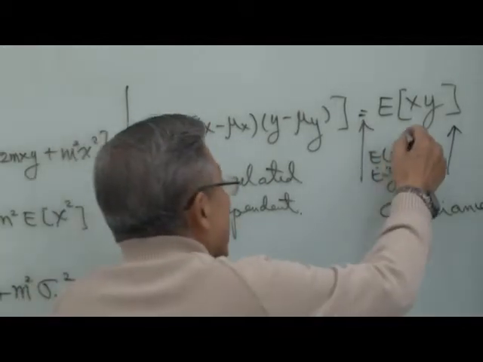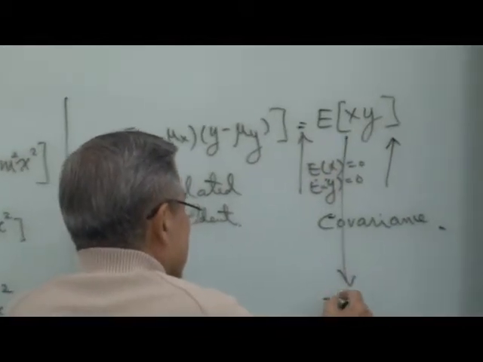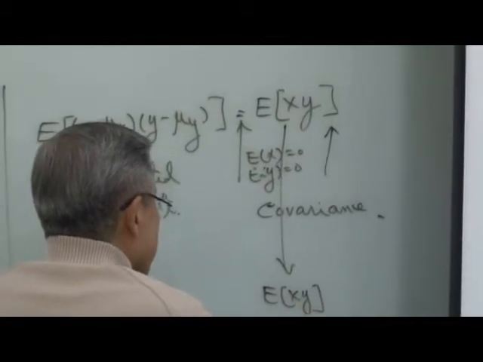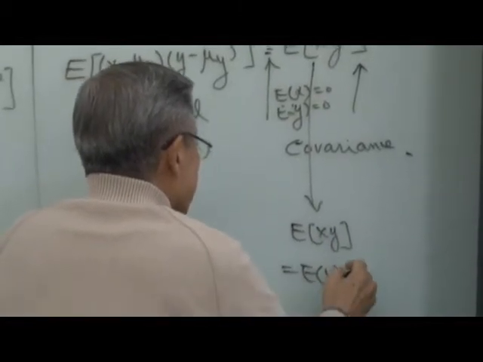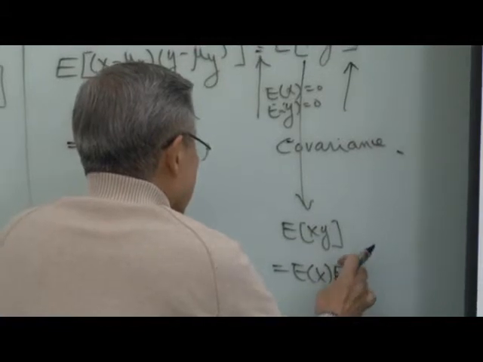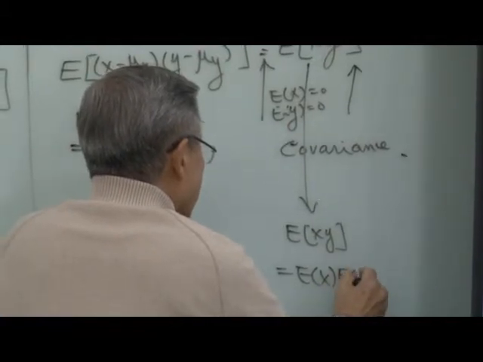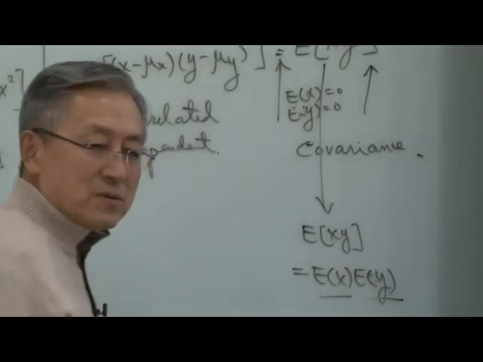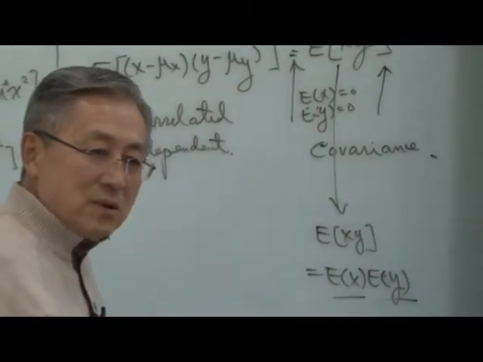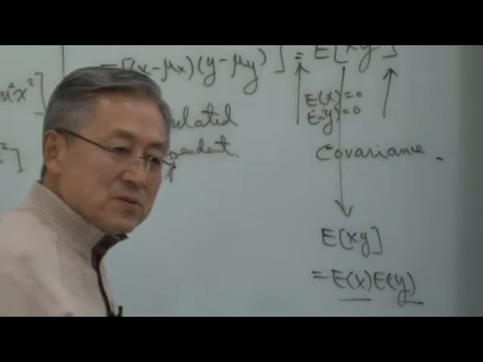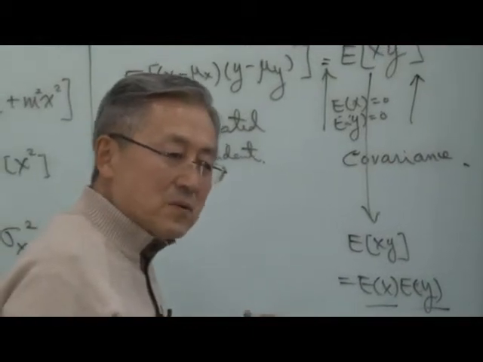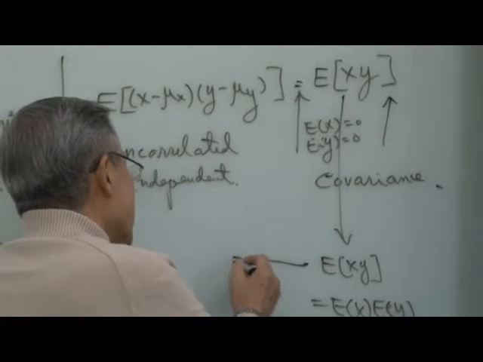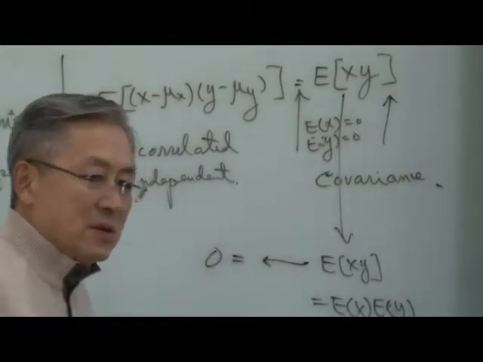Uncorrelated, this guy, I'm going to write here, E[xy] can be rewritten as E[x]E[y]. The mean is equal to 0 in this case, but also with no correlation, you can tell right away this guy is always 0.